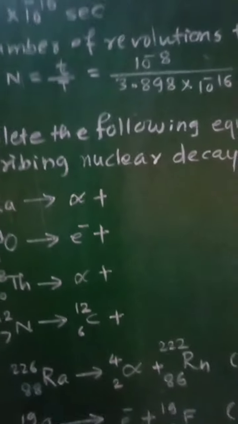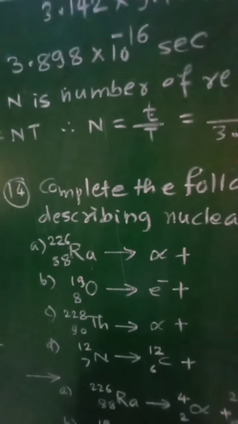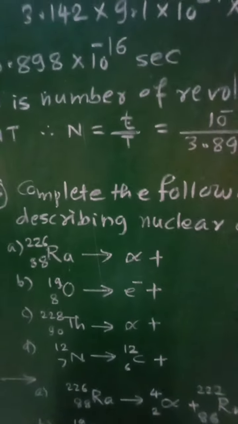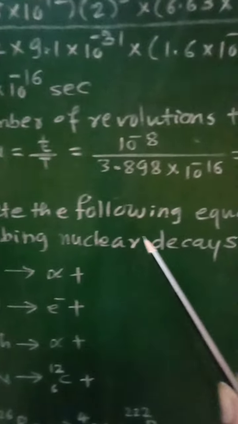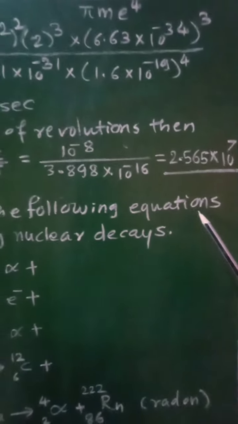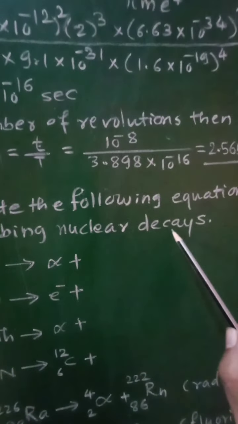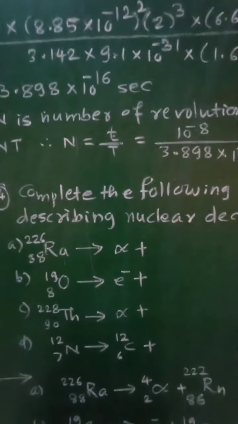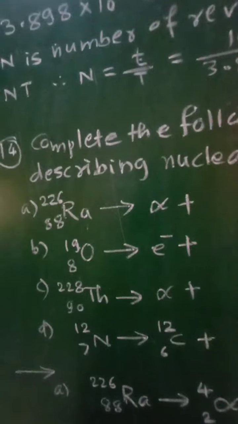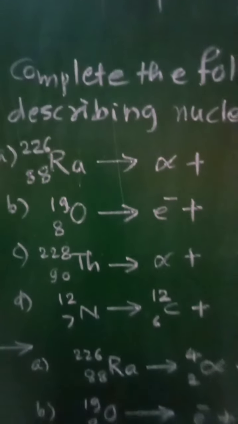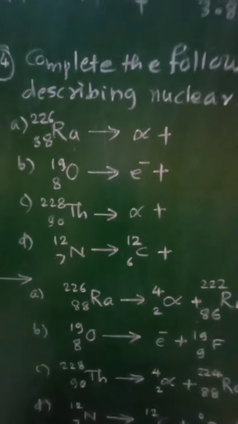And now let us go for the next numerical, numerical number 14, which is given as: complete the following equations describing nuclear decays. In the following 4 equations, the nuclear decay is described, and we have to complete these equations.